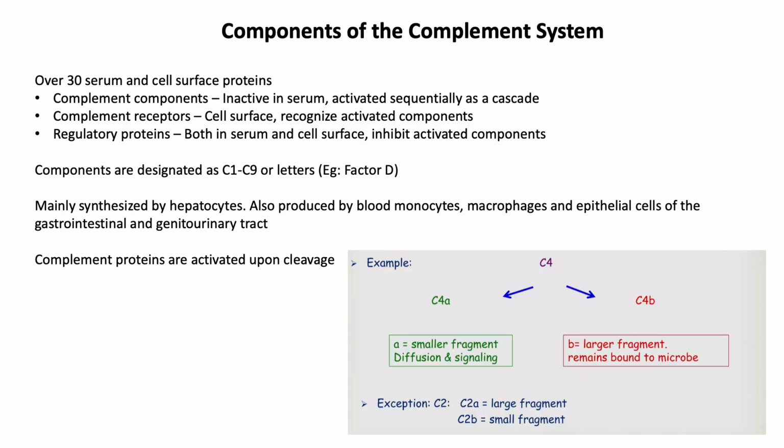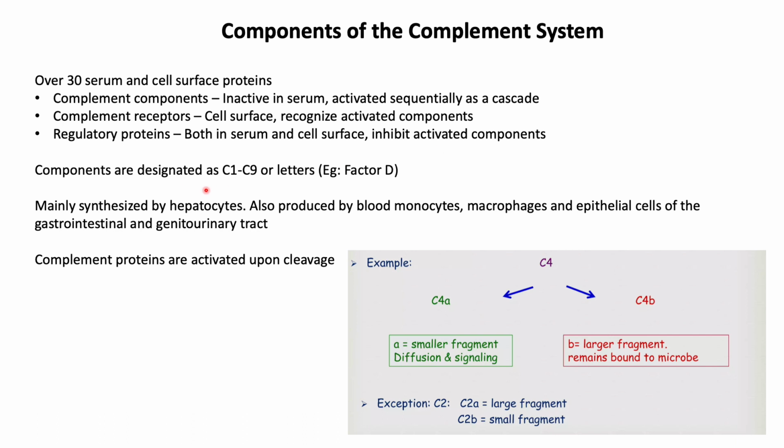Now, what are the components involved in the complement system? There are over 30 serum and cell surface proteins involved. These include complement components that are inactive in serum but are activated sequentially as a cascade; complement receptors, which are on the cell surface and recognize activated components; and regulatory proteins, which are found both in serum and on the cell surface and inhibit the activated components.